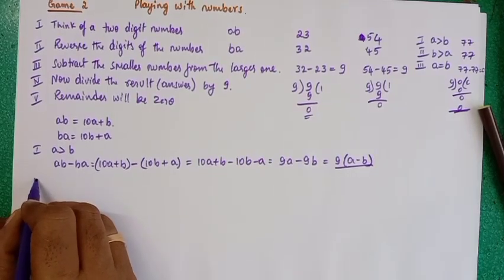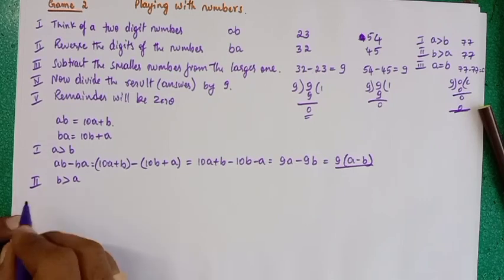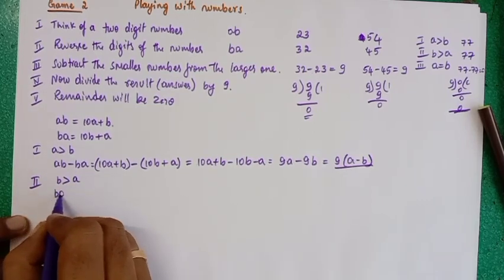In the second case, let us take B greater than A. Here, as B is greater than A, we perform BA minus AB.